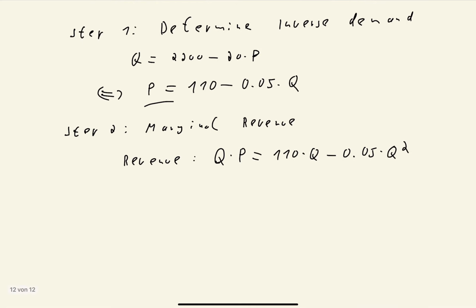And the marginal revenue is simply the derivative of the revenue function. So the marginal revenue is then simply 110 minus 0.1 times Q.